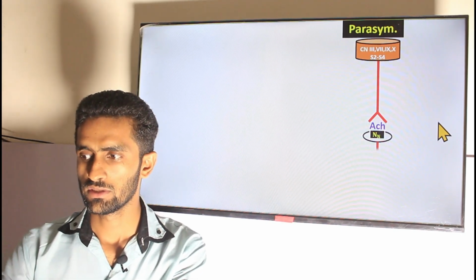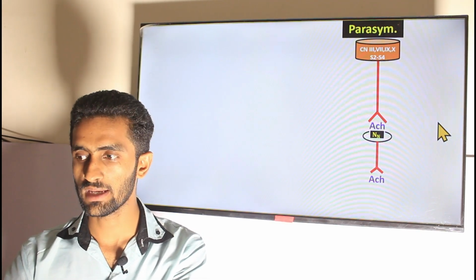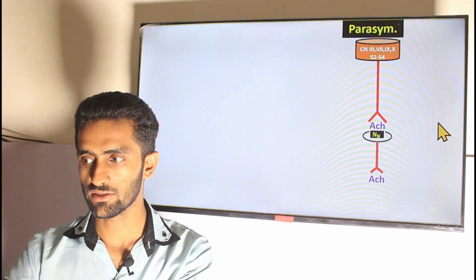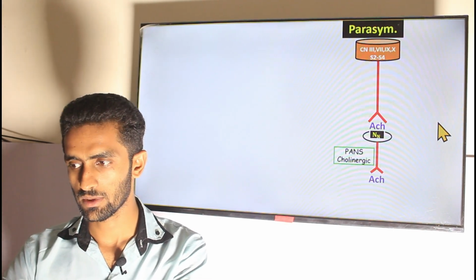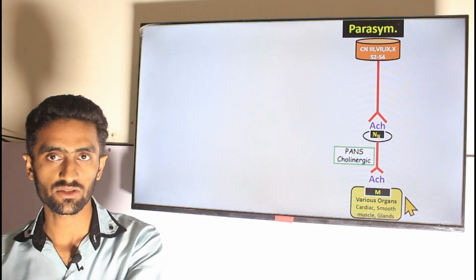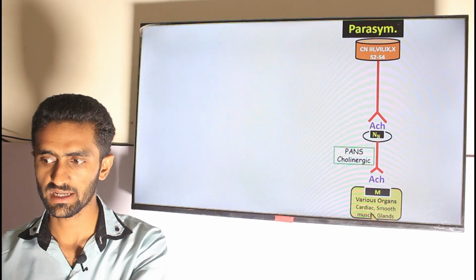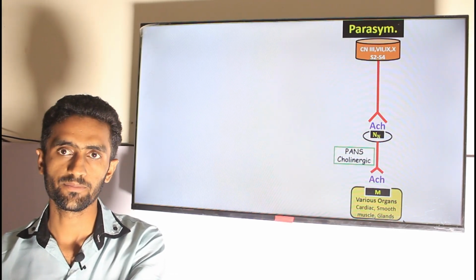The postganglionic also releases acetylcholine, so both are cholinergic type. The parasympathetic autonomic nervous system is cholinergic, and the receptor is particularly muscarinic for the various organs: cardiac, smooth muscle, and gland. So both fibers are the cholinergic type.